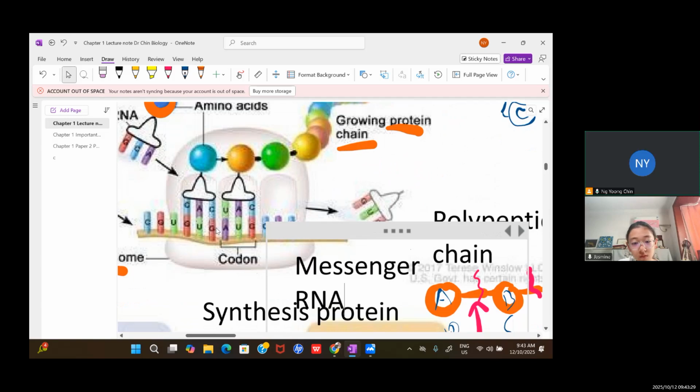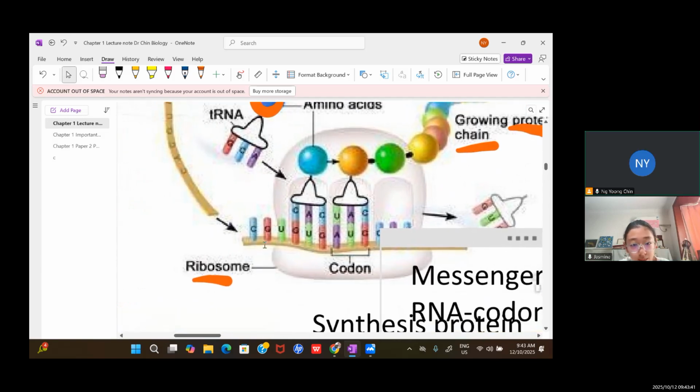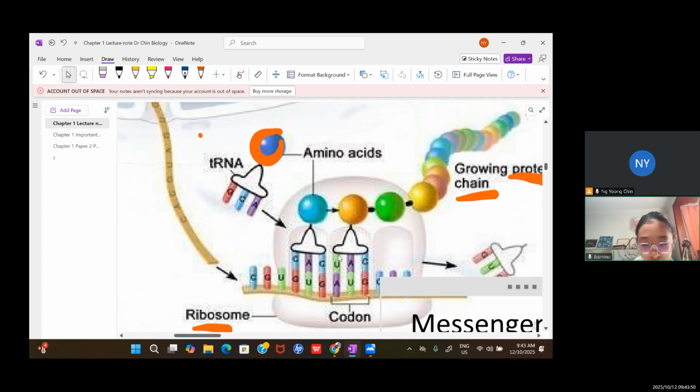The nucleotide bases found on the messenger RNA are given the name codon. It's just a naming, referring to the bases located on the RNA. So that's why they can pair up.